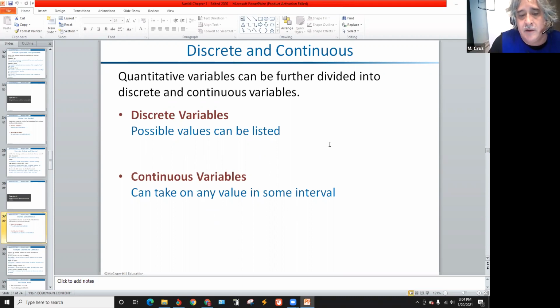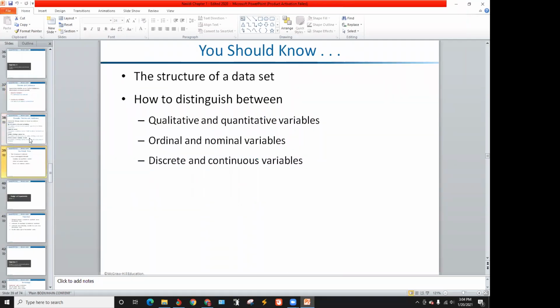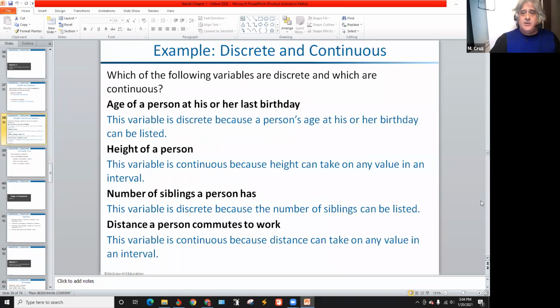So let's look at an example. Age of a person at his or her last birthday. Most adults don't do this, but I know the kids will say things like, well, I'm 6.5 or 3.5. But usually the way that you measure age is the age of a person at their last birthday.